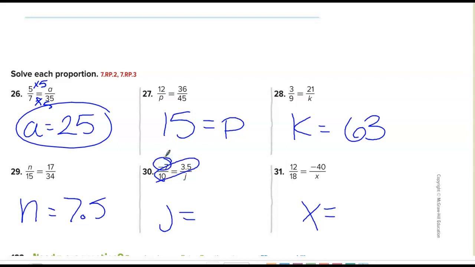See what you get. -50, do we agree? So then use a calculator, Sean. 10 times 35. 10 times 3 and 5 times what? -50. I agree.